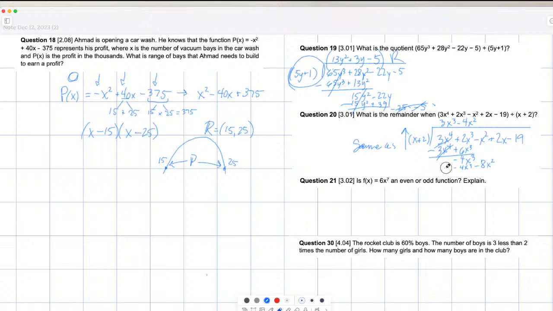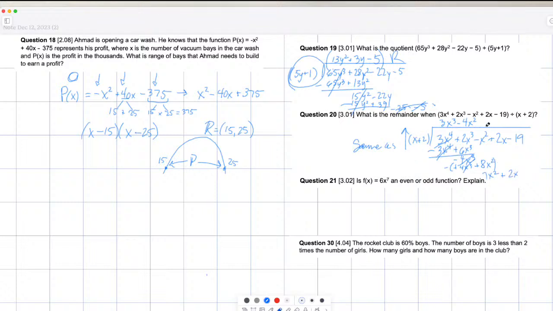And we're subtracting that. So we're subtracting a negative, makes that a positive. And then it's 8x squared minus x squared. So these go away. 8x squared minus x squared is equal to 7x squared plus 2x.